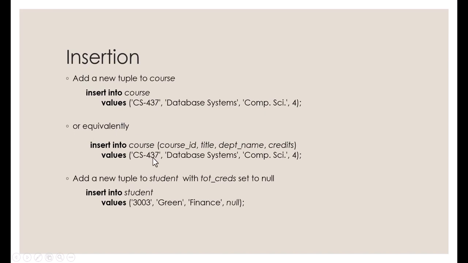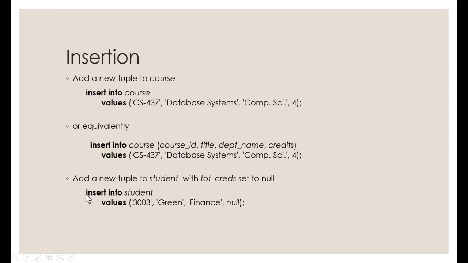So this is equivalent to insert into course, which has the course ID. So all you're doing is specifying the actual names of attributes, which are course ID, title, department name, and credits. But this can be skipped. It's not totally necessary to show the list of attributes, but you can.